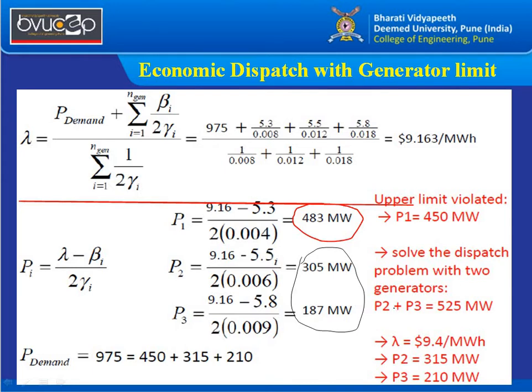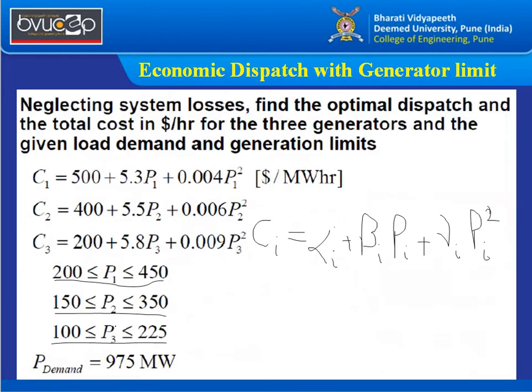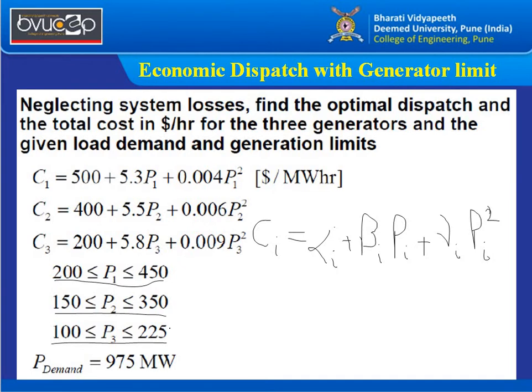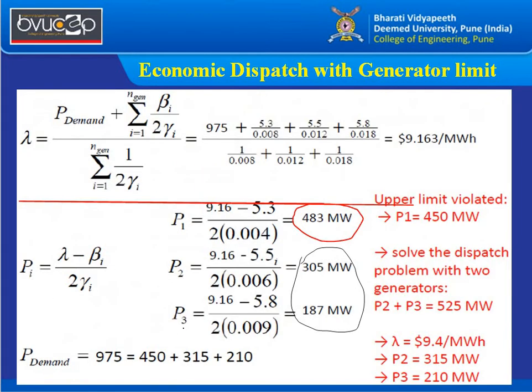Earlier the demand contribution was 975 including the first generator. Now we will remove that first generating unit and consider only the second and third. We will consider the higher limits, that is 350 and 225, which comes out to be 525 megawatt when we take the summation. Now when we solve this, we get the lambda.